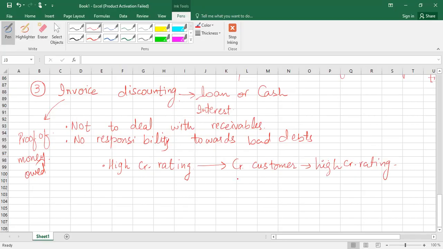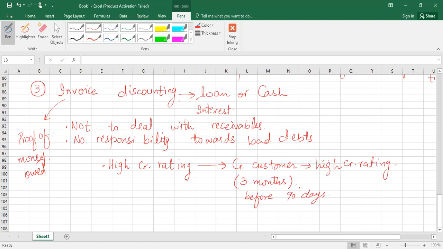The bank knows that if there is an arrangement that this customer will settle the liability within 3 months' time, its credit rating says that it will be settled within 3 months or before 90 days, but not more than 90 days.